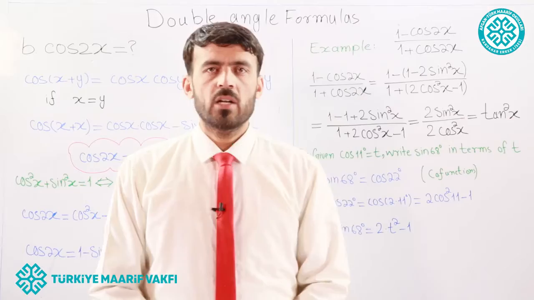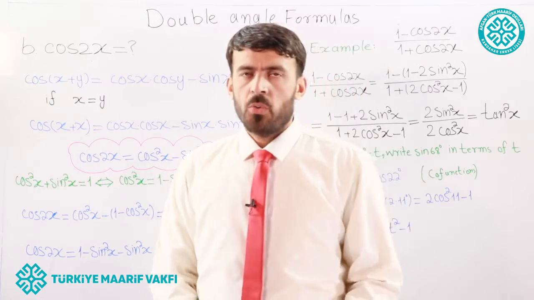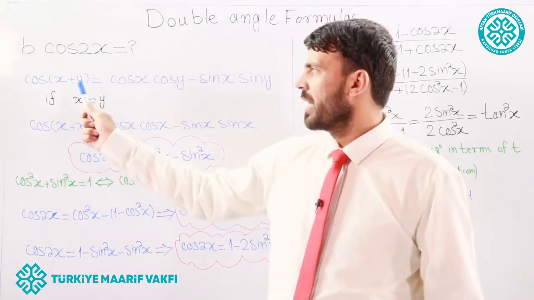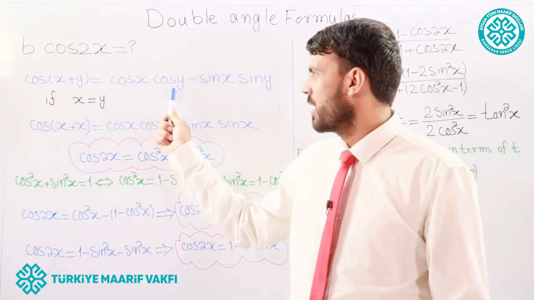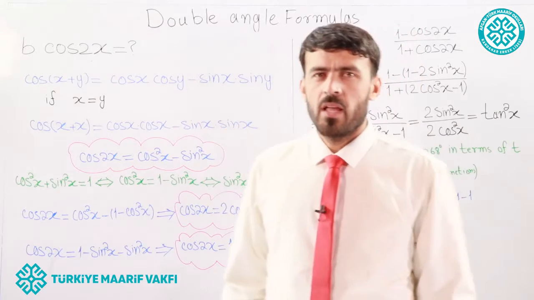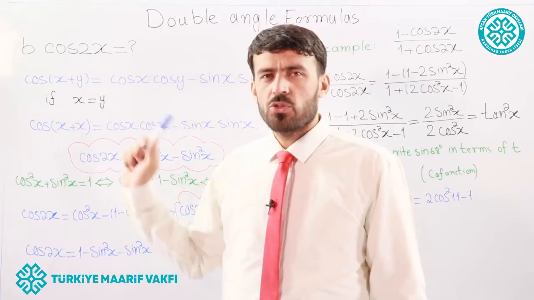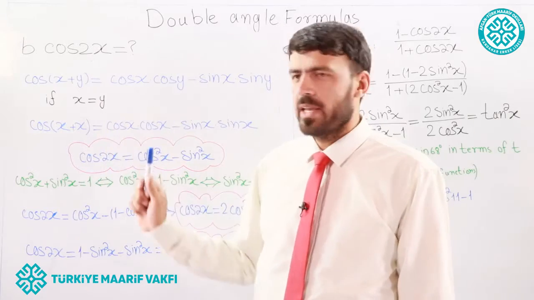The second double angle formula is cosine 2x. We know that cosine x plus y is equal to cosine x cosine y minus sine x sine y. If x is equal to y, we can replace y with x.